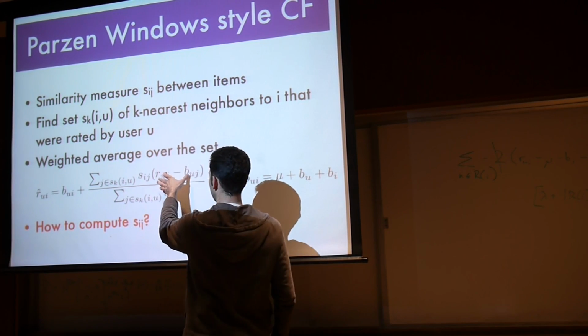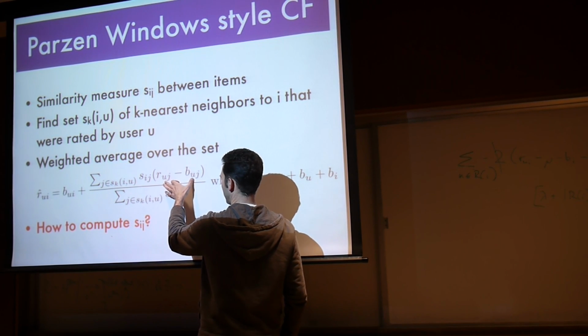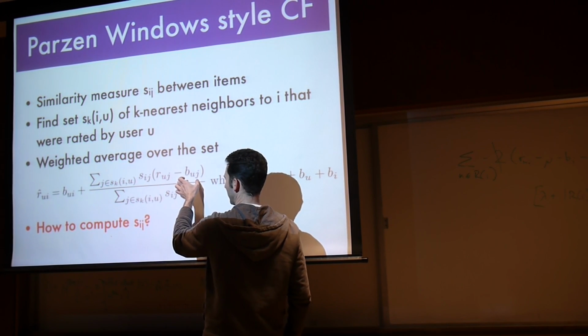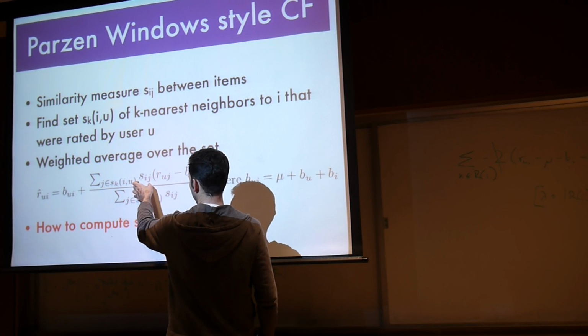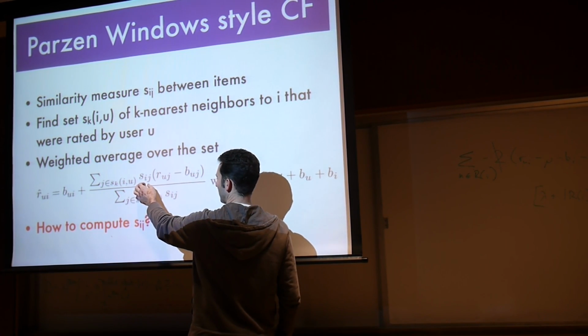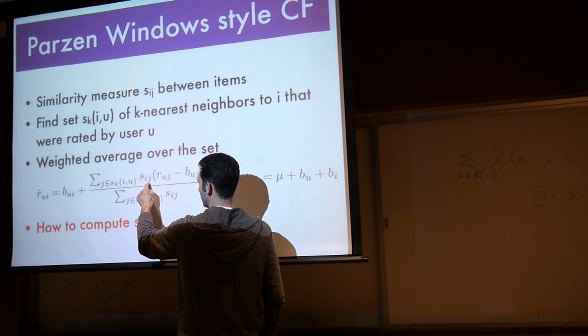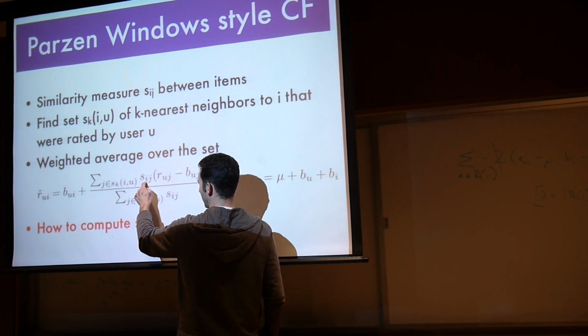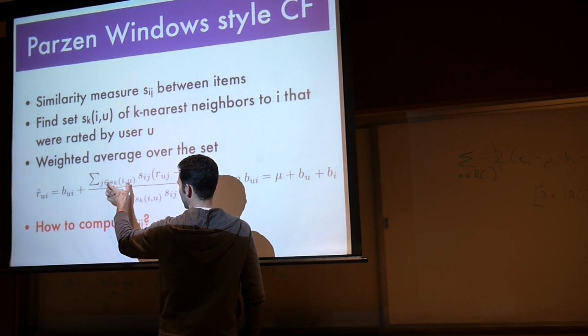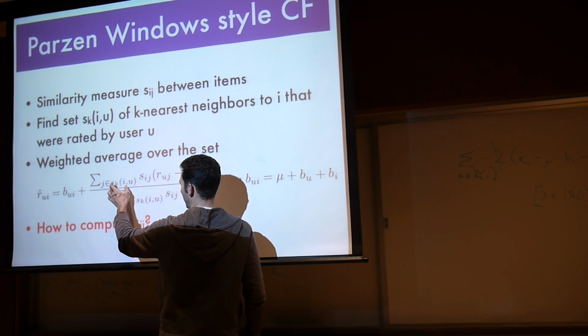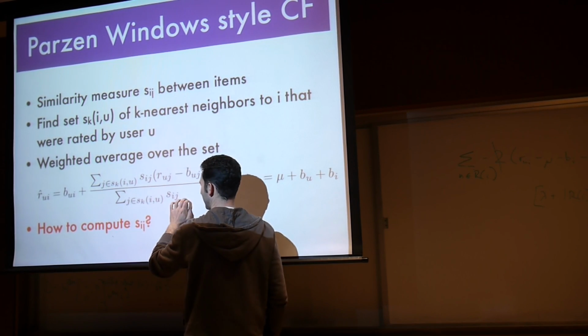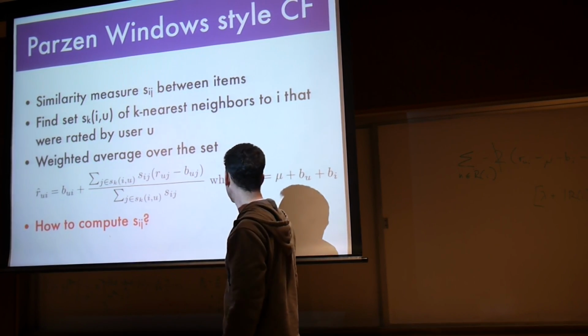I look at the difference between the actual rating and the bias, times the similarity between movie i and movie j. So this is really the neighborhood of movies j that are similar to i, and just for computational convenience, I only pick the k nearest ones. Then of course, to normalize things, I just need to sum over all those weights again.